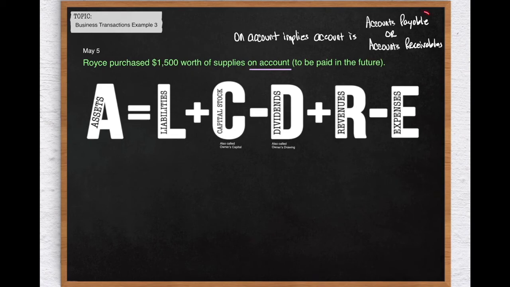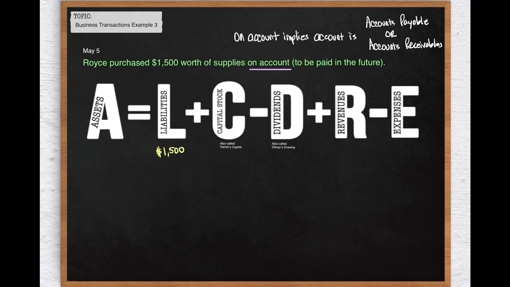Accounts payable is what you expect to pay in the future. That means you owe. Accounts receivable is what you expect to receive in the future. You own the right to receive money in the future, usually from customers.